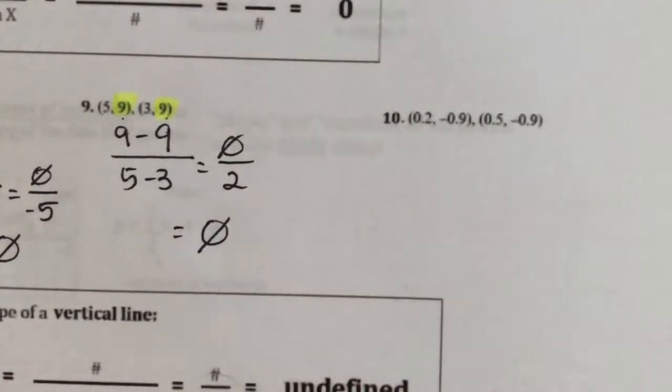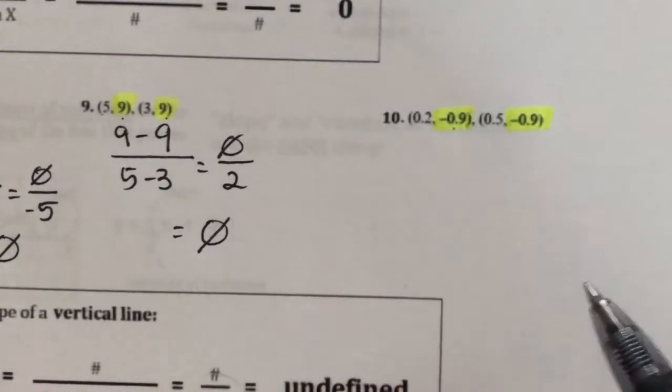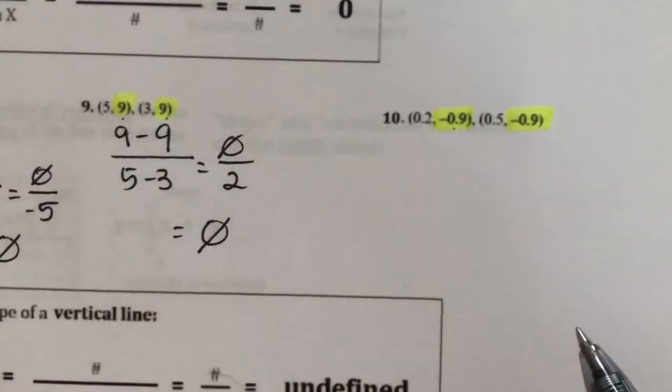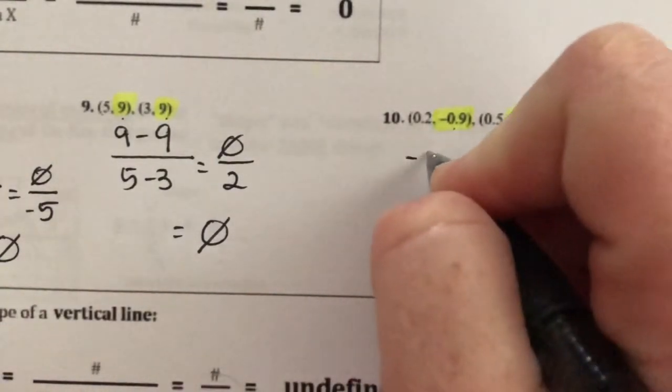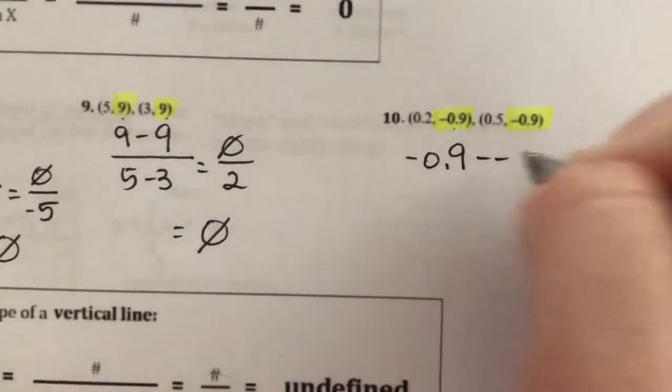Last one, this one involves decimals, but the y values are still the same, -0.9, -0.9. We don't even have to do the formula, right? Once we know they have the same y values, we should automatically know it's a horizontal line and it's going to have a slope of 0. But we can go ahead still and do the math.